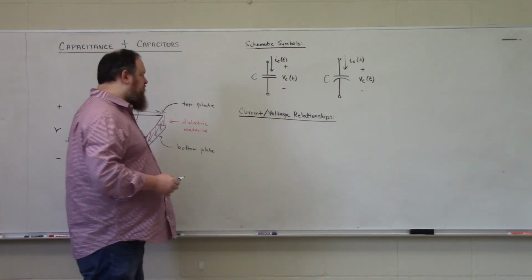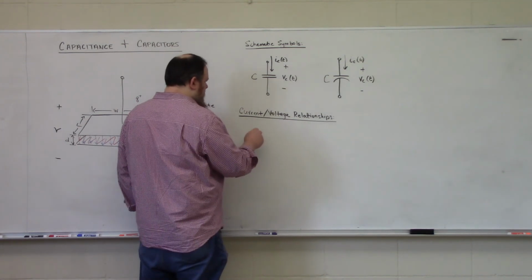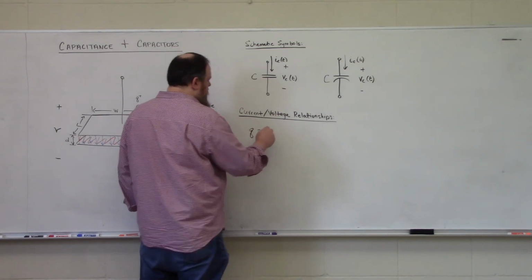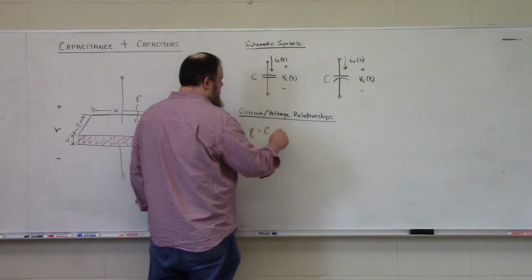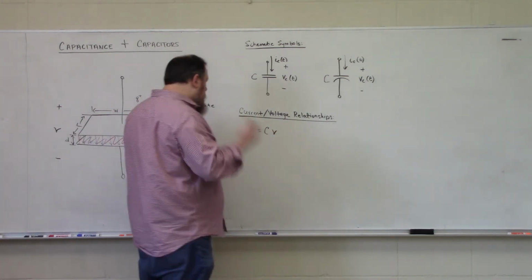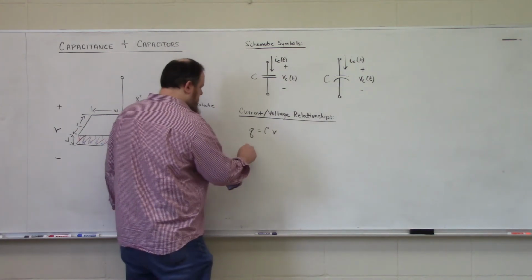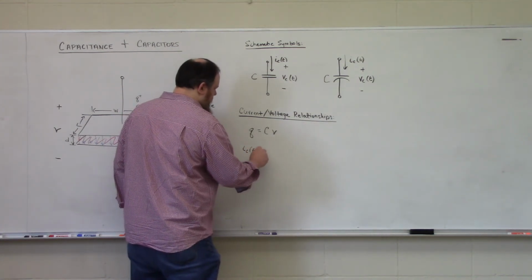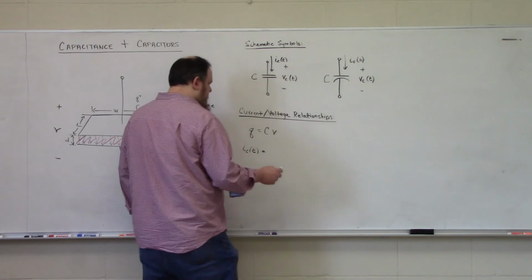So we established previously that charge was equal to capacitance times voltage, and we know that current is equal to the derivative of charge.